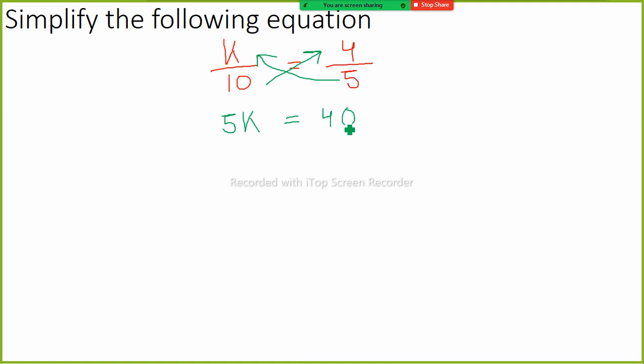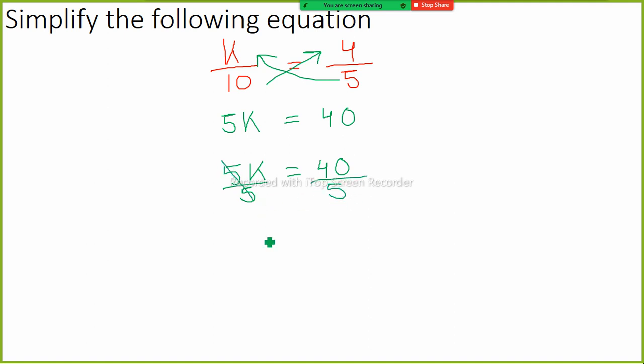Right, what's the next step for this? I think you have to divide 5k by 5. Very good. So we divide 5k by 5 and divide 40 by 5.